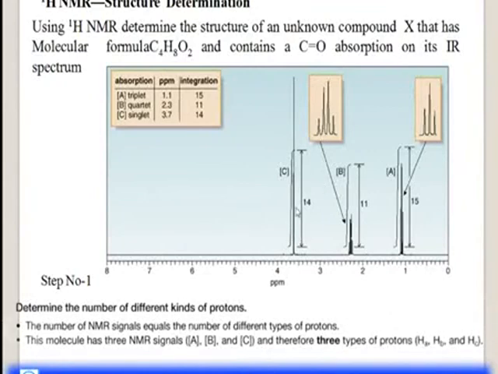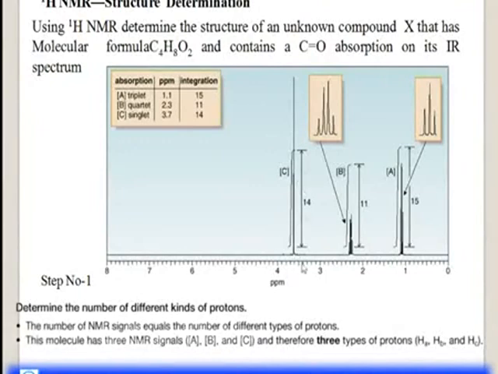Here you can see there are 3 signals. For this signal the integrated area is 15, and it is a triplet in nature. This is another signal observed at this value. This is the scale of delta from 0 to 8 in parts per million. So 11 is the integrated area, and when we see this signal in an elaborated manner, it is a quartet.